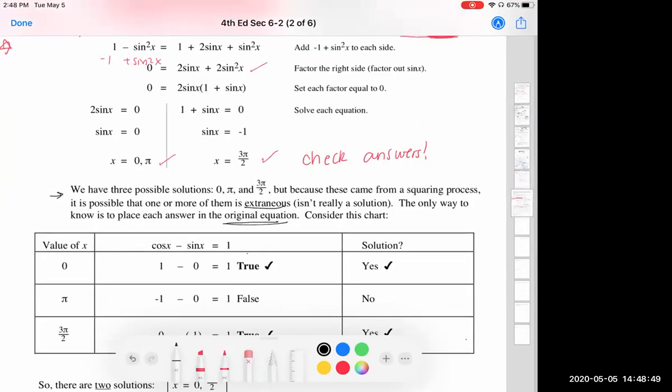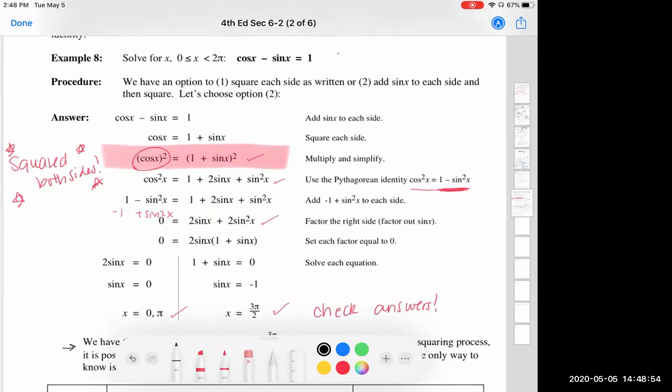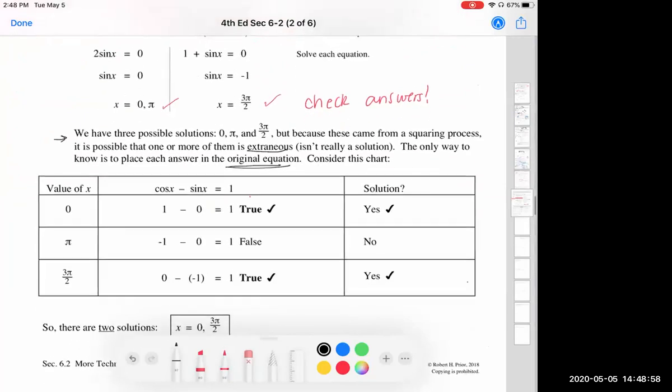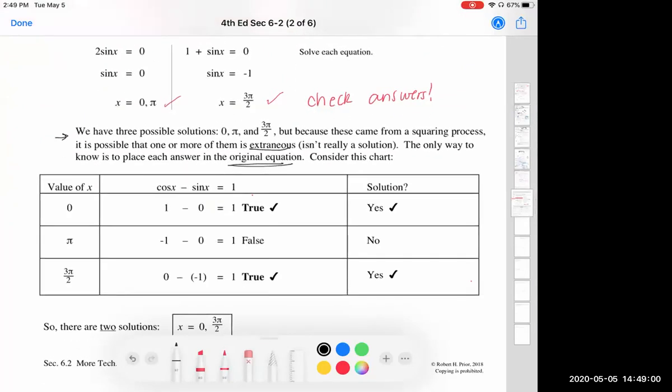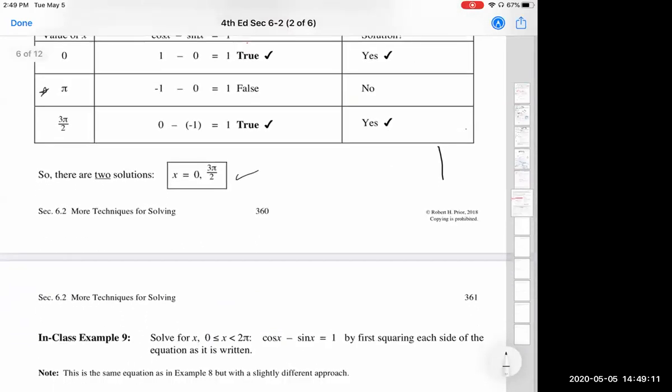So you have to plug it into your original equation and check. And once we check each one, we see that pi is one of those fake answers. So our only 2 real answers are 0 and 3 pi over 2.